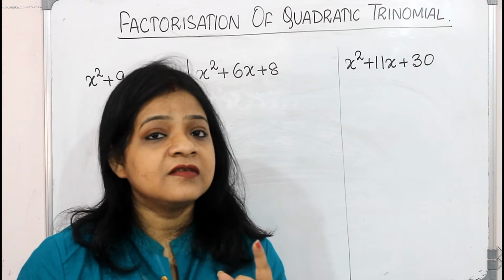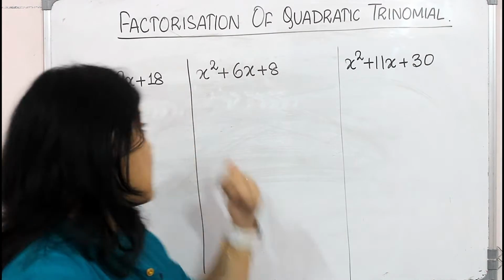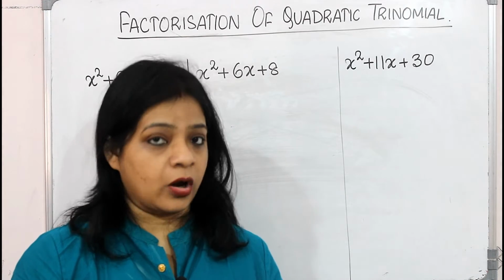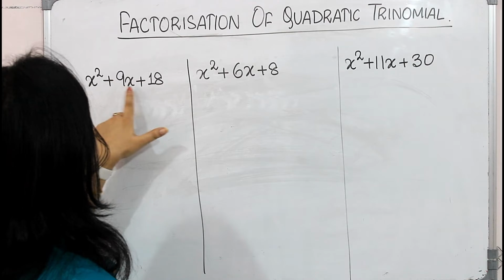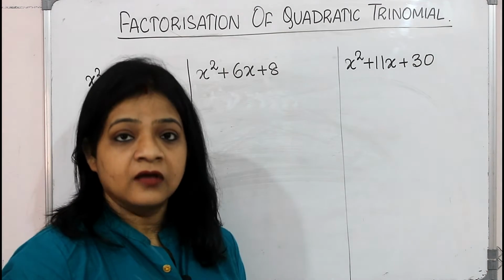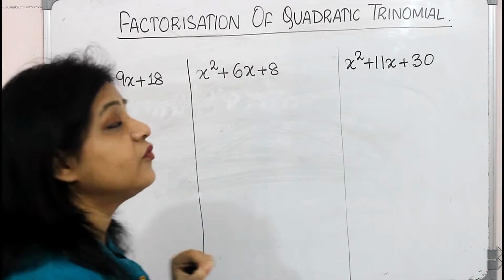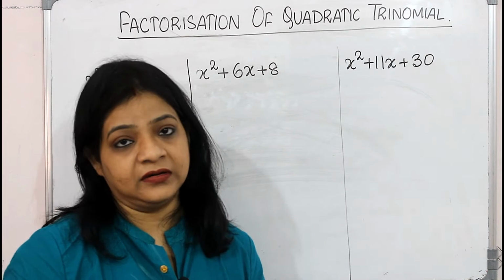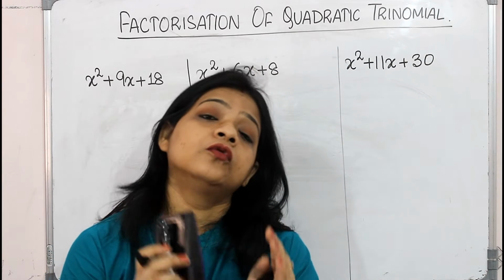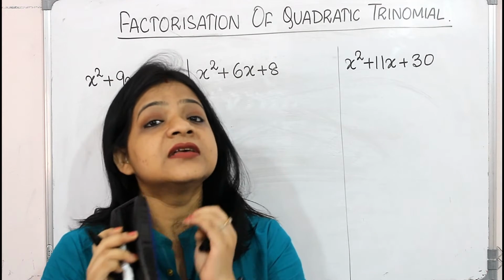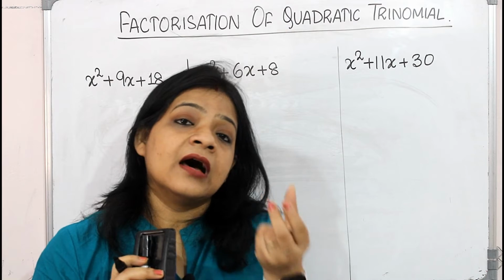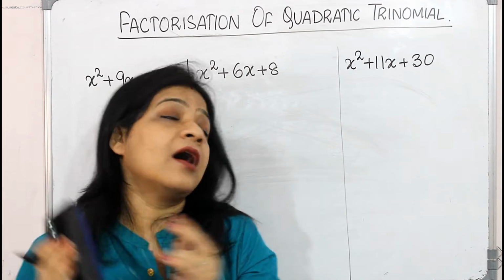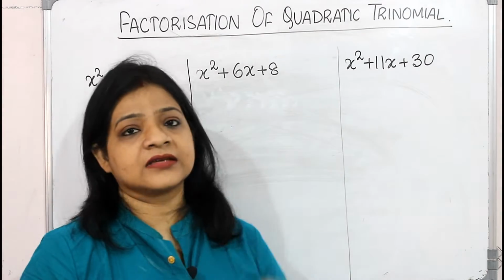First of all, this is a quadratic trinomial because the order is 2 and there are 3 terms in the polynomial. Next is x square plus 9x plus 18. This is the middle term, so you are to split the middle term. How? You split the middle term such that the sum of the numbers is equal to the middle term and their product is the last term.